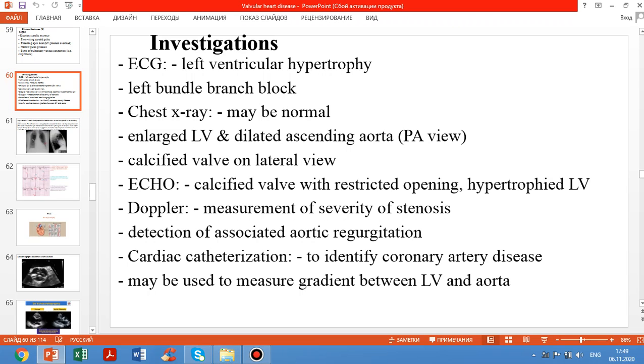In echocardiography, calcified valve with restricted opening and hypertrophied left ventricle. Doppler: measurement of severity of stenosis, detection of associated aortic regurgitation. Cardiac catheterization to identify coronary artery disease may be used to measure the gradient between left ventricle and aorta.